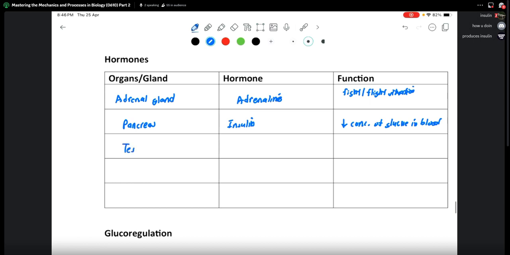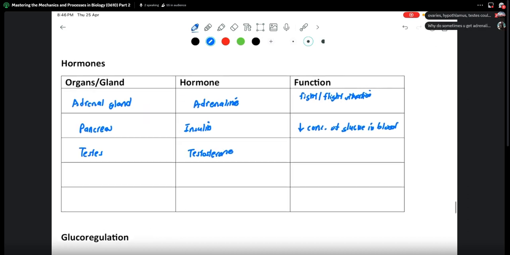Then we have the testes. The testes will produce the testosterone, and this will cause the development of the male secondary sexual characteristics. And then we have the ovary.